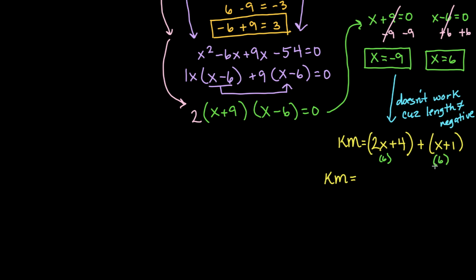And that's 6. And so I end up with 6 times 2 is 12. 12 plus 4 is 20. 6 plus 1 is 7. So I end up with km equals 27 units.